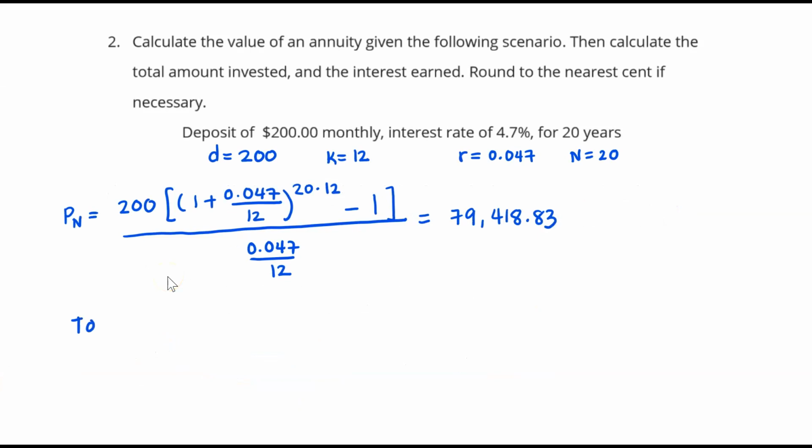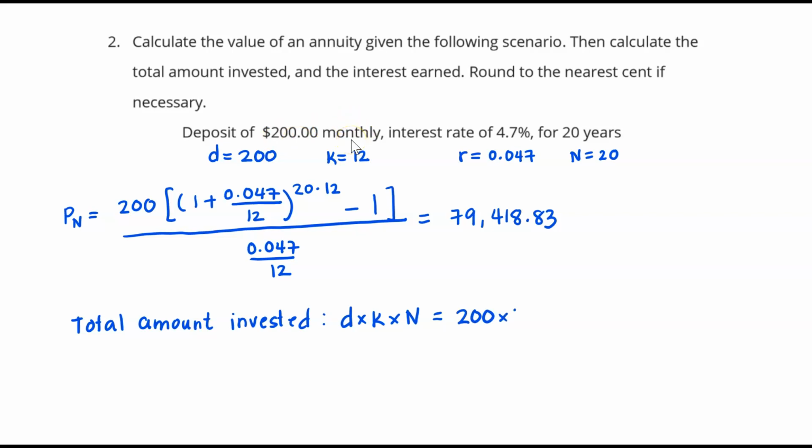So to calculate the total amount invested, we are just going to multiply the amount of deposit D times the number of compounding periods K times the number of years. So in this case, we have 200. That is the amount of deposit, and this is made monthly.